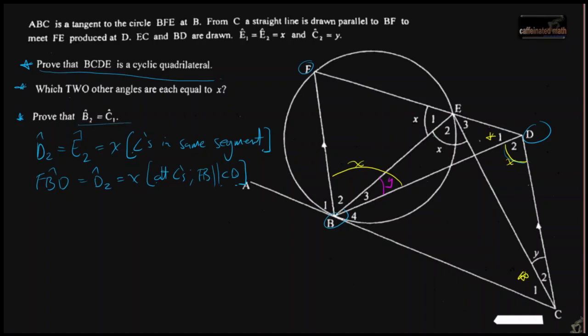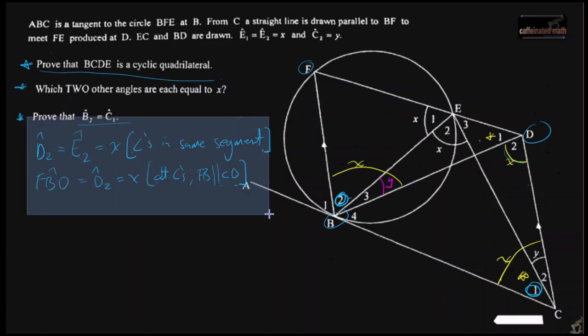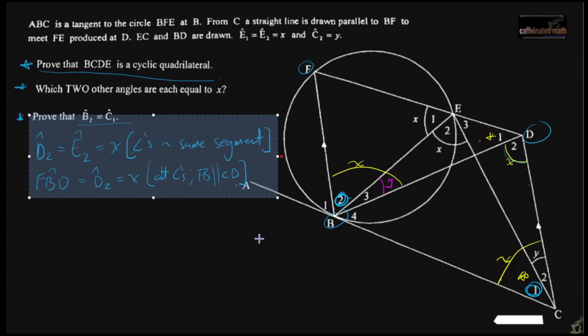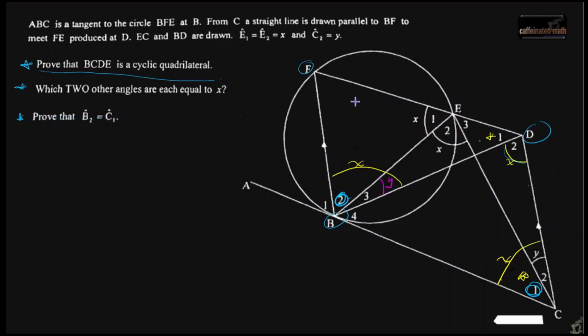Lastly, for this slide, we have the need to prove that B2 right over here is equal to angle C1 right over here. Well, let's close some space back now that we know where all the x's are, and get to proving our last one right over here. Well, they want B2 to equal C1 over there.